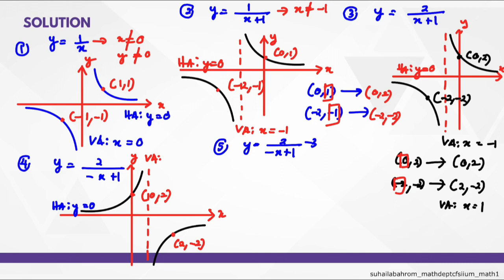Therefore, the new horizontal asymptote is y equals -3, and there is no change now to the vertical asymptote, which is x equals 1. So what you have to do first is sketch the asymptotes first, so it will be easier for you to sketch the graph.